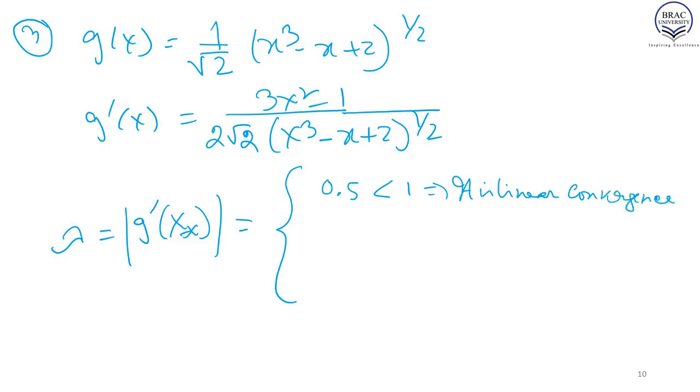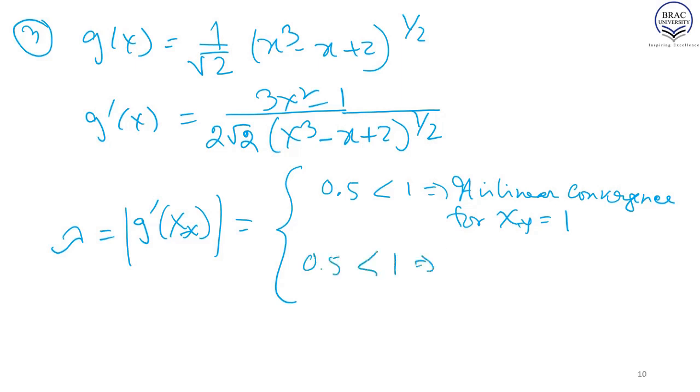That means if we start the iteration close enough to x star equal to +1, it will converge to that point. And if you put -1, it is also 0.5, which is less than 1.